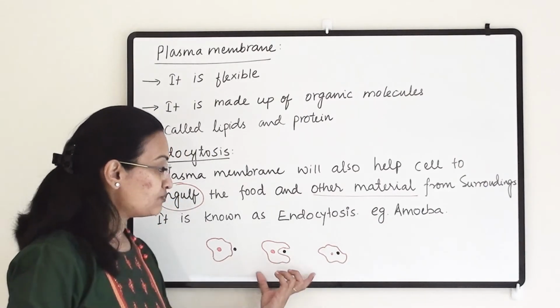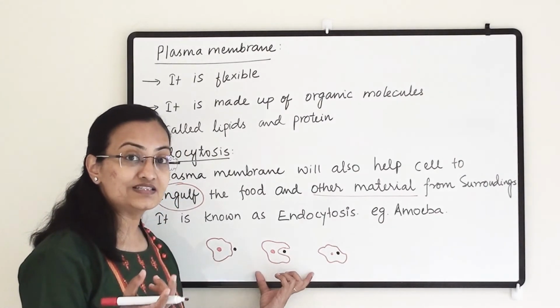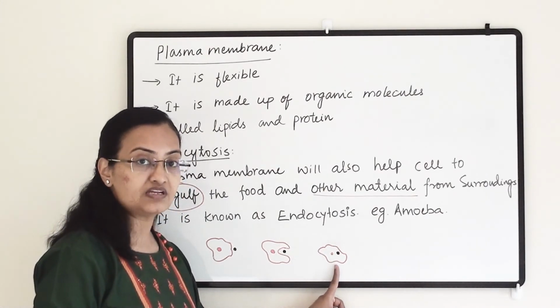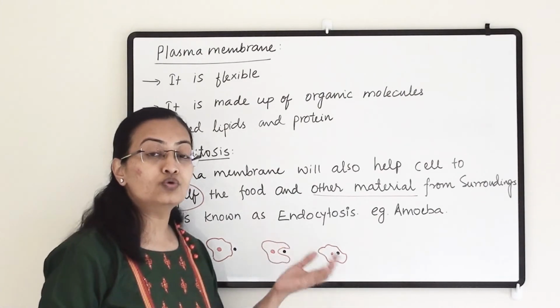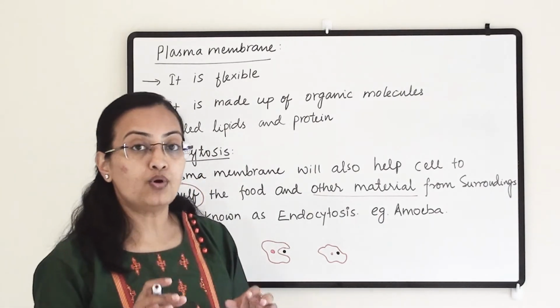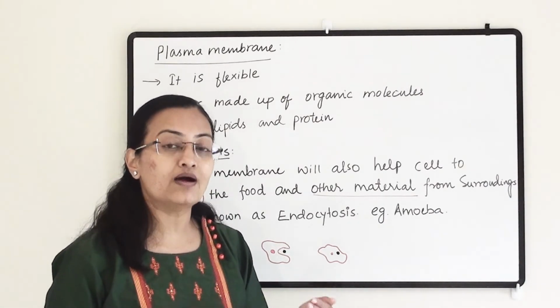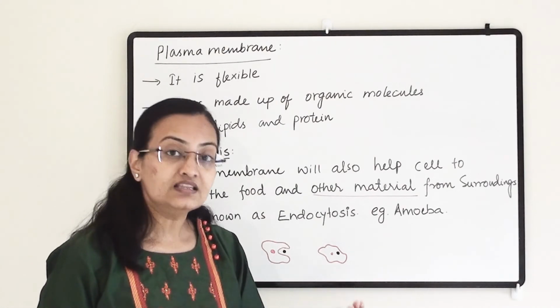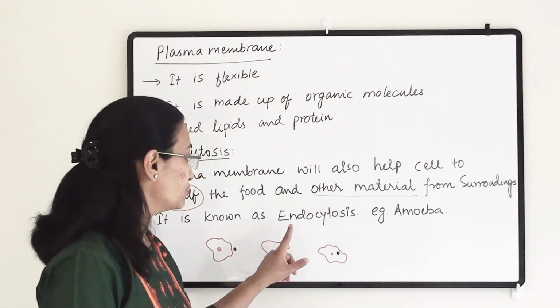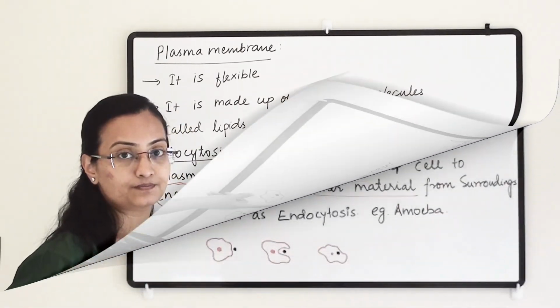Here this example shows that a food particle is coming within, or it is entering inside the amoeba cell. It is not only for food particles. Wherever they locate any important material which is a requirement of the cell, they take that material inside. So this process is known as endocytosis.